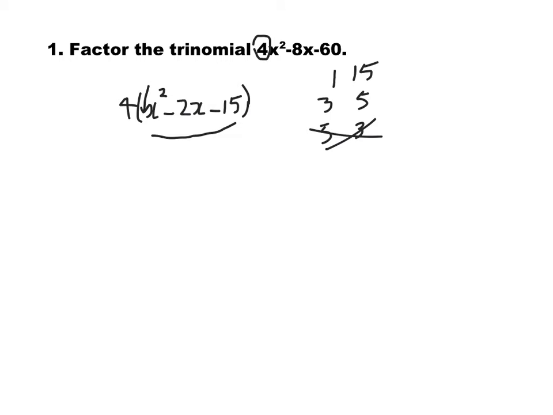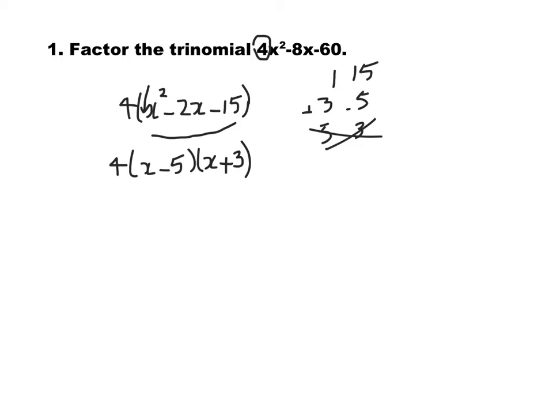No. What about negative 5 and 3? Negative 5 plus 3 is negative 2, and the product is negative 15. So I can write this one as 4 times x minus 5 times x plus 3. Negative 5 and plus 3.